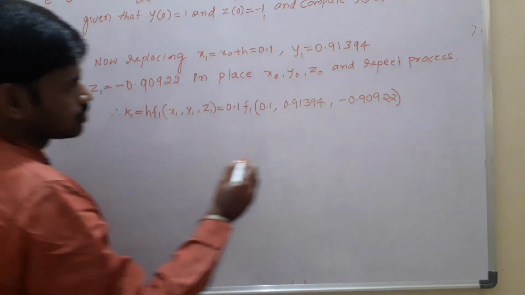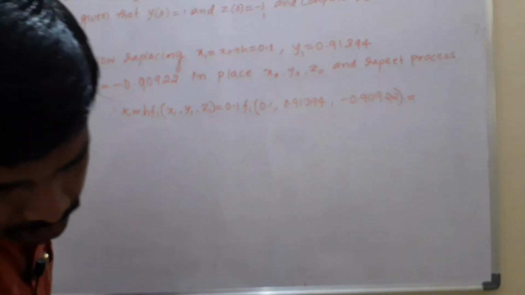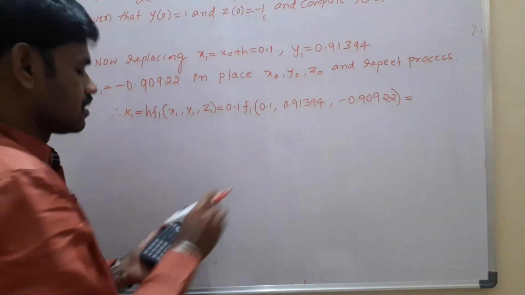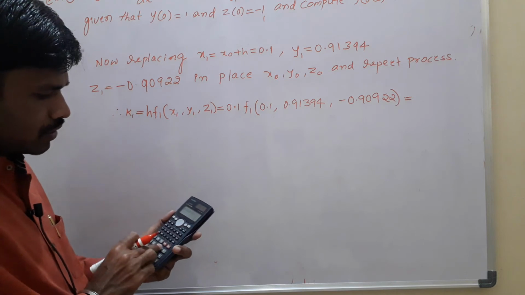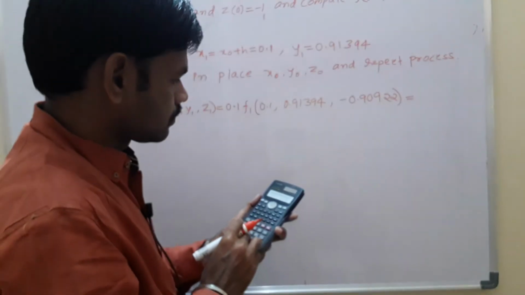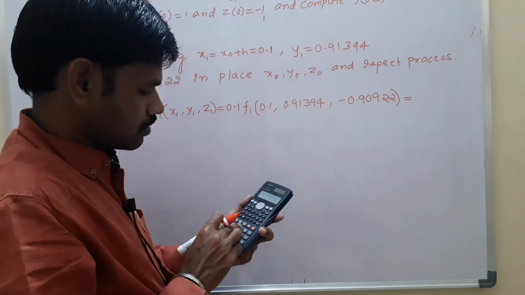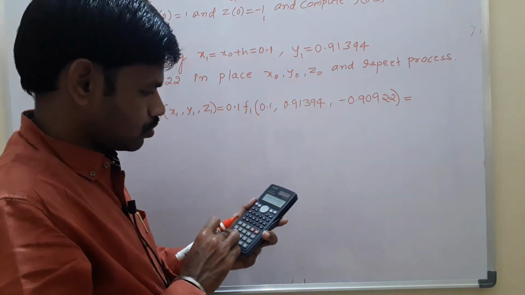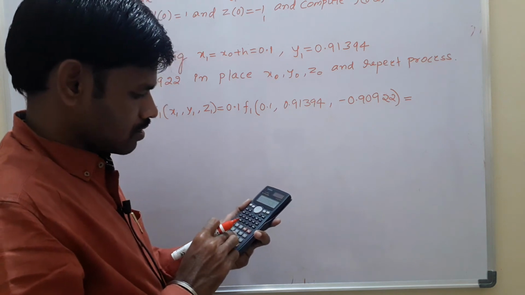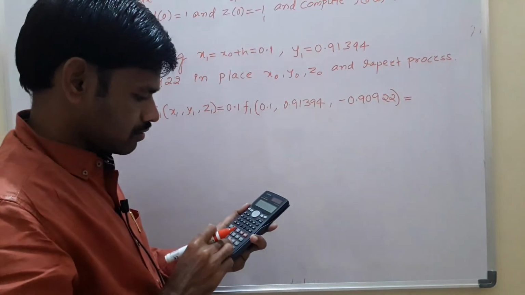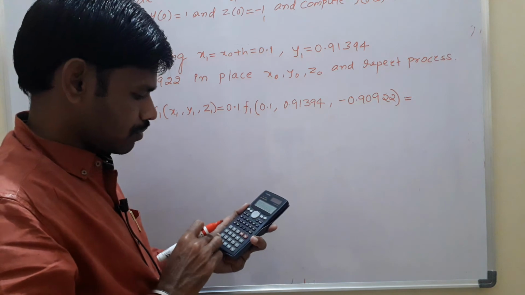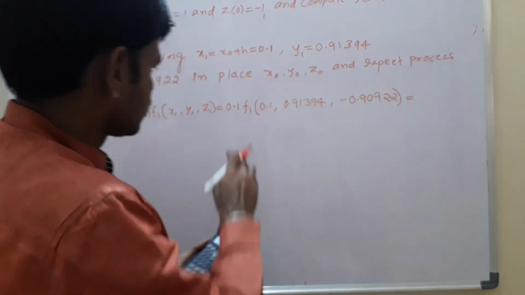Therefore k1 equal to, the first function, that is yz plus x, that is 0.91394 into minus 0.90922 and plus x1, that is 0.1, into 0.1 because of h.